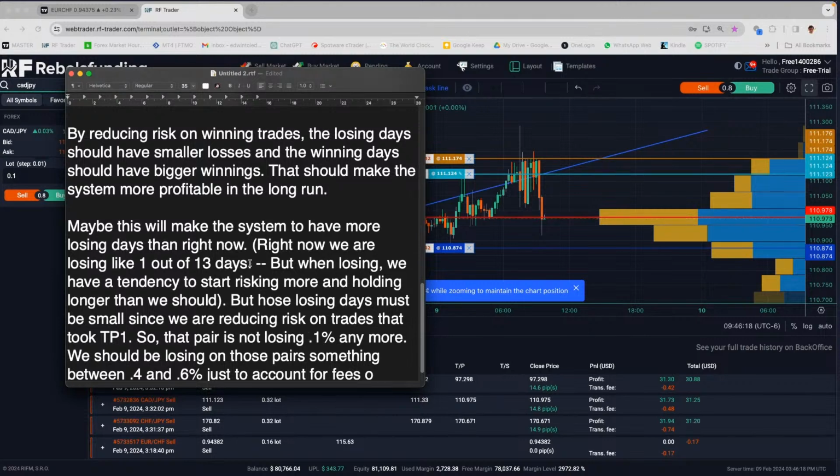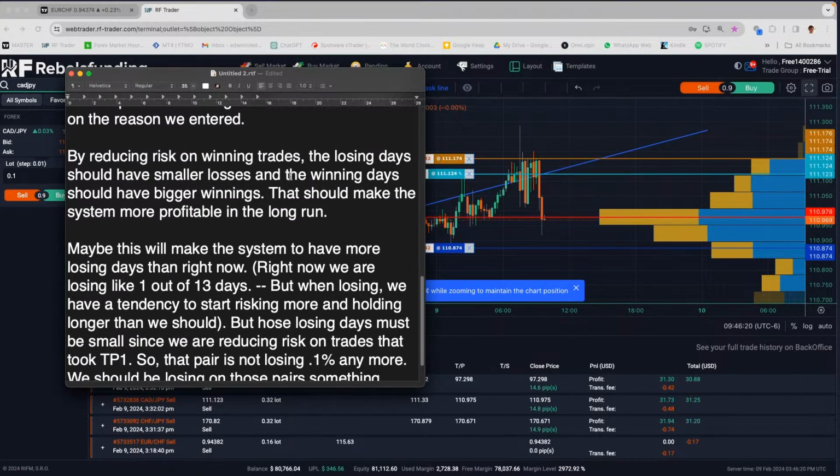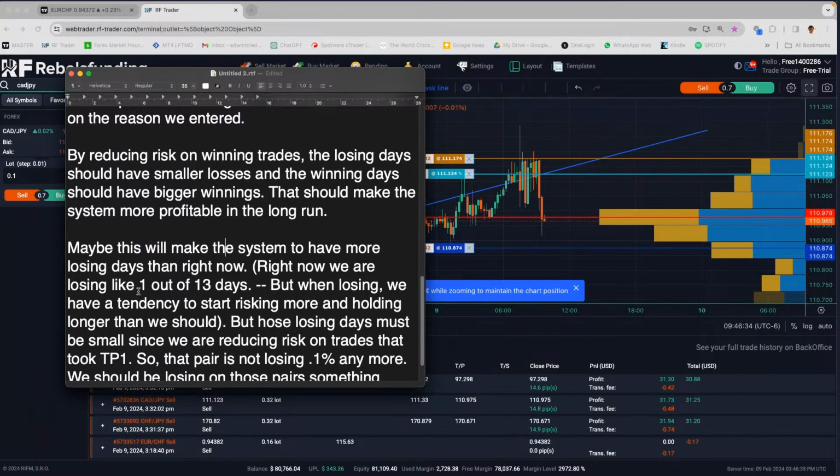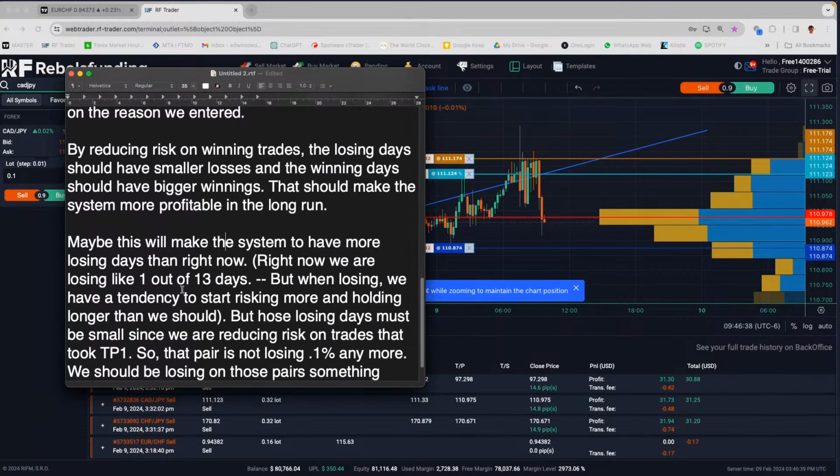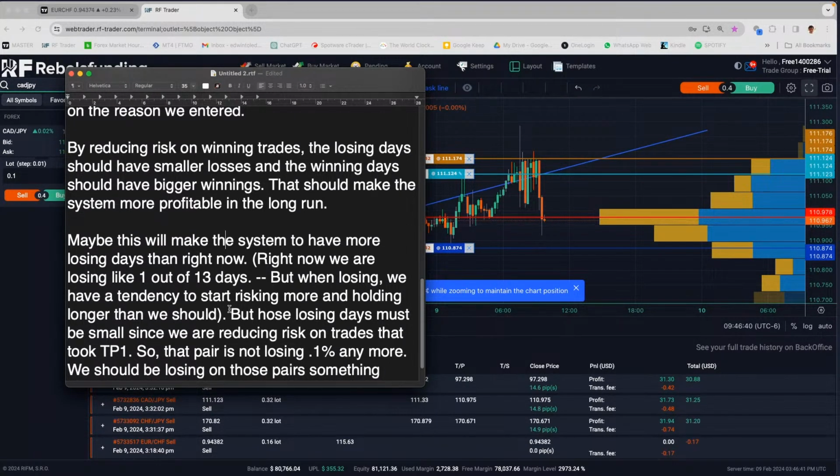I'm loving this. By reducing risk on winning trades, the losing days should have smaller losses and the winning days should have bigger winnings. That should make the system more profitable in the long run. Maybe this will make the system have more losing days, but when losing we have a tendency to start risking more and holding longer than we should.